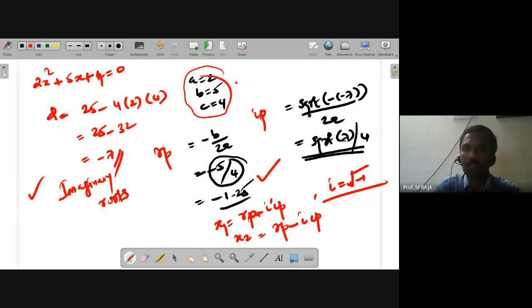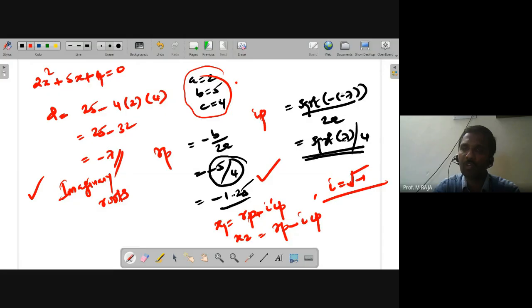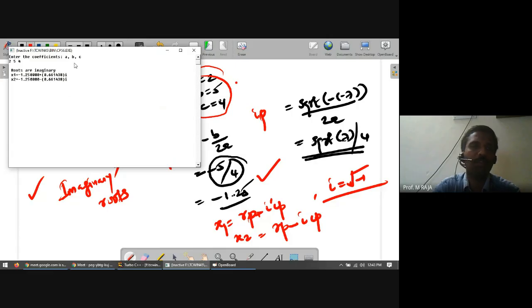Here the imaginary part is square root of this one divided by 2a. So the square root of a positive quantity by 2a is always positive, so no problem. Here we can have the result like this: a plus ib, where a is the real part and b is the imaginary part. So real part plus I into imaginary part.